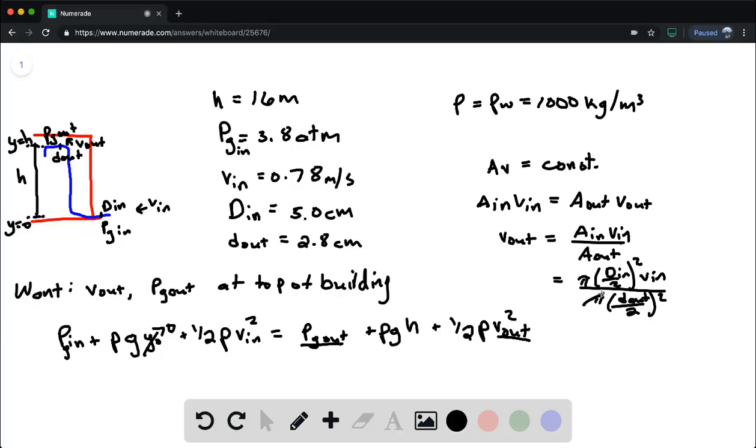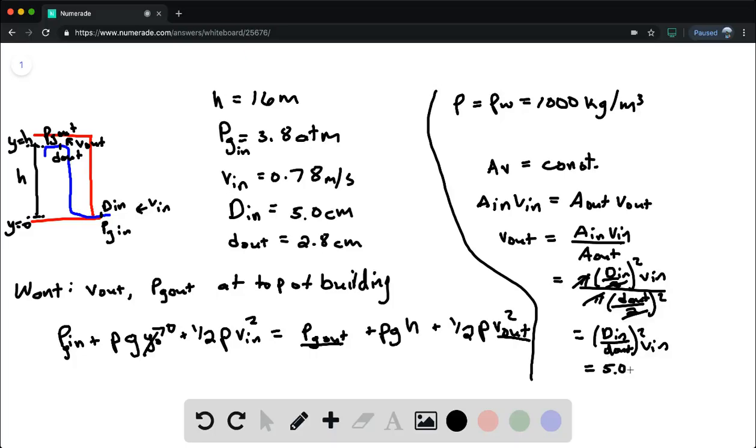And we see we can cancel out the denominator of 2 squared as well as the pi. Then we have the equation that the output velocity equals the input diameter over the output diameter squared times the input velocity. We can keep these in terms of centimeters because the units are going to cancel out.